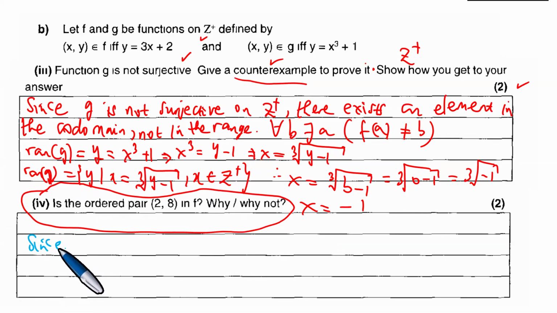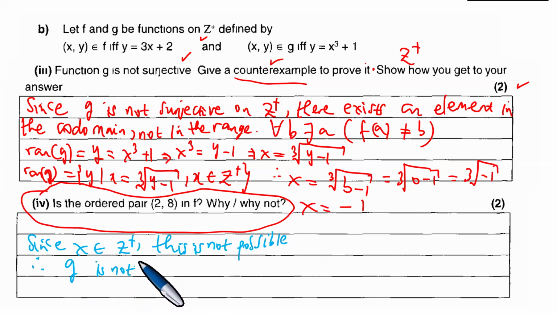Since x is an element of the positive integers, this is not possible. Therefore, g is not surjective.